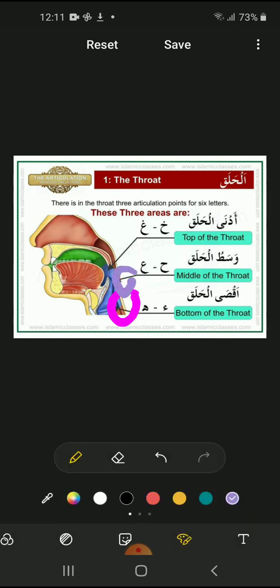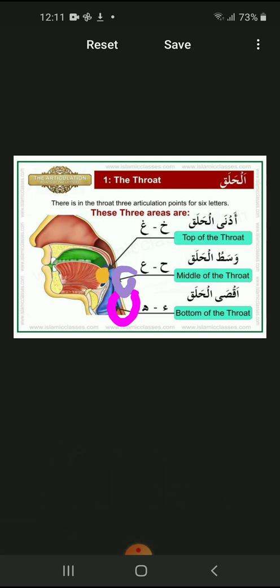And the one we are taking today, inshallah, is the third part in this area, which is the closest part of the throat to the mouth, or what we call the top of the throat. And we can find it directly below the uvula. You see, this is the uvula.